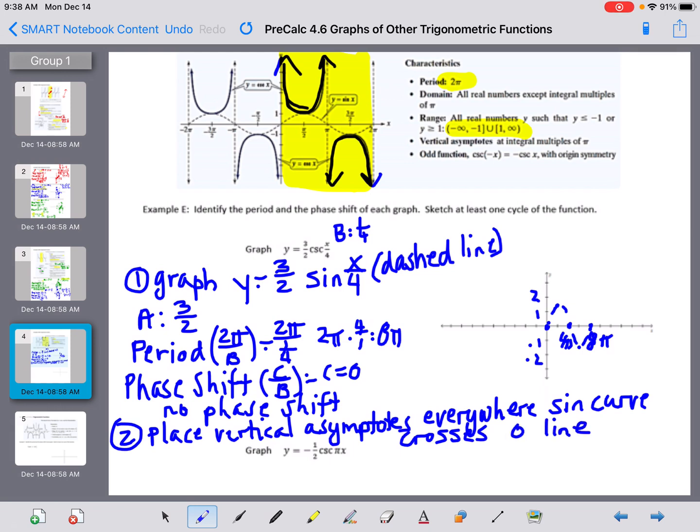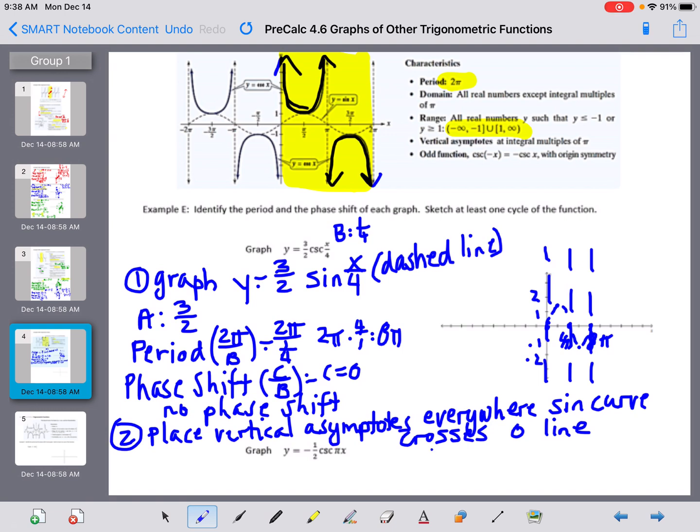I'm going to say the 0 line, because I'll tell you why later. So I have an asymptote here, here, and here. Every time I cross the x-axis, or that 0 line, I'm going to have an asymptote.